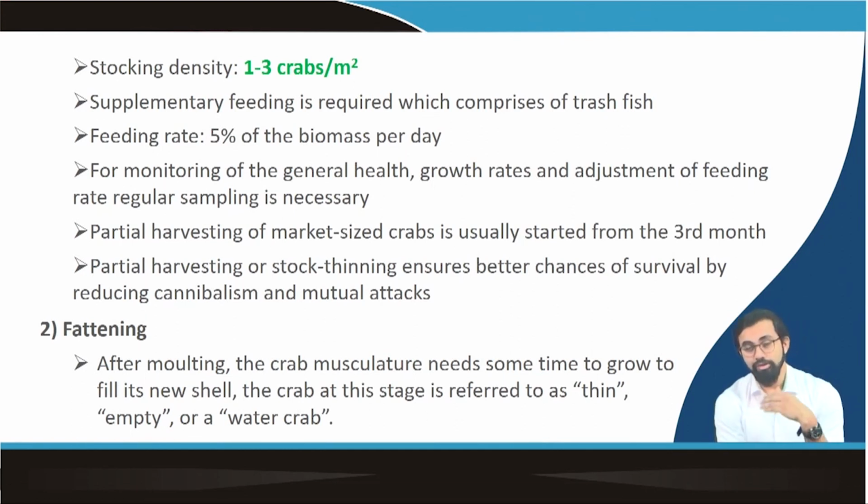After every 7 to 10 days, you collect randomly say 10 or 20 of them and weigh them, and from that you can easily get the average biomass. You multiply it with the total number of crabs that you are culturing there, and 5% of it will be the feed. Based on that you supply them with the feed.